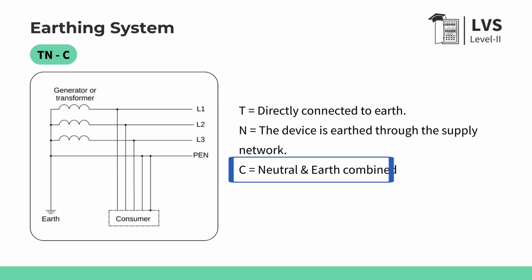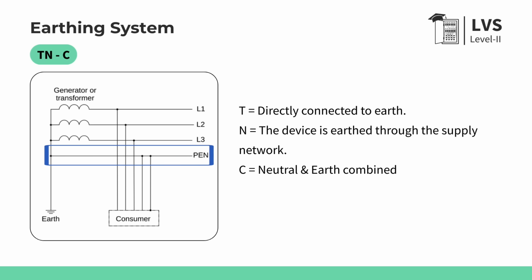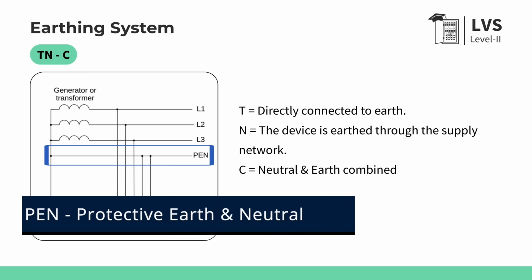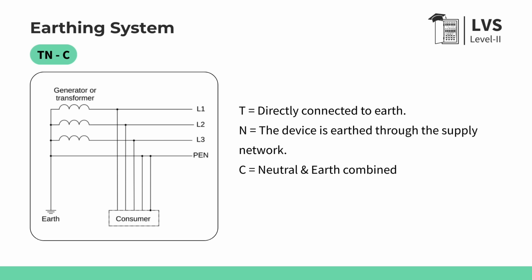And then we also have an additional letter C, which indicates that the neutral wire and earth wire coming from the source are combined as one. In a TNC system, neutral and earth are combined into a single conductor called PEN, protective earth and neutral. So instead of having separate neutral and earth wires, you have one shared conductor. You would have seen the PEN marking on many single line diagrams.